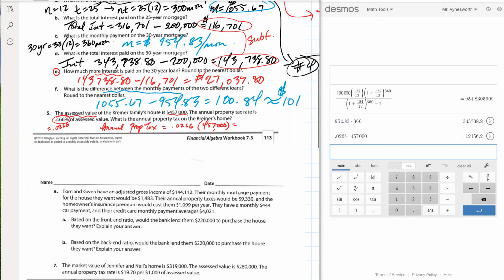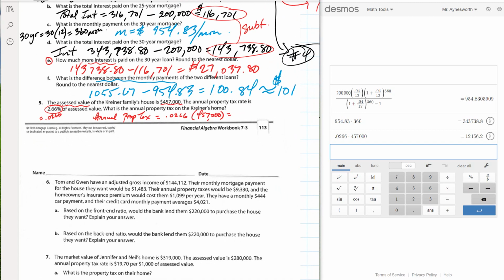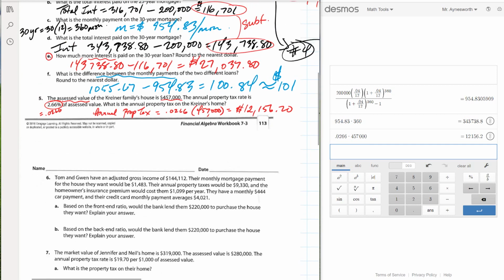So you're going to be paying, check this out, every year, annual property tax on this house of about $12,156.20, on top of your payments, guys, because everything's taxed. There's all kinds of different tax: state tax, federal tax, property tax, sales tax. Holy cow, there's all kinds of taxes.